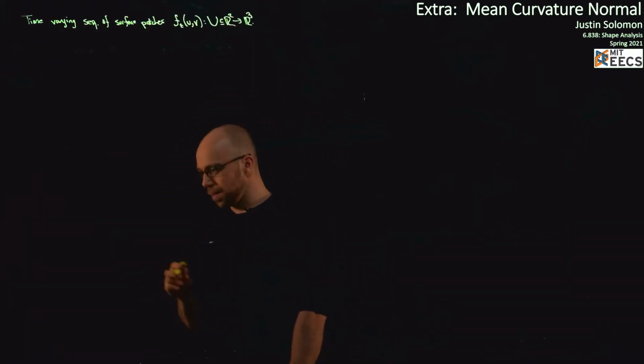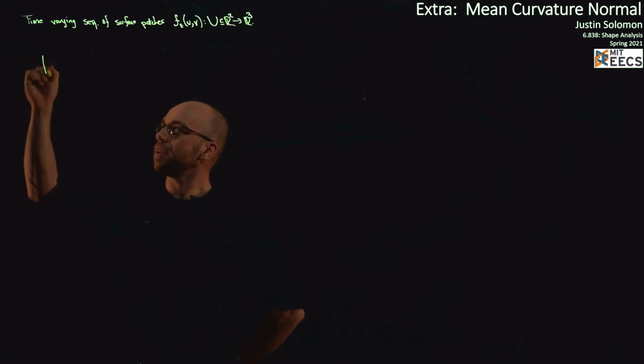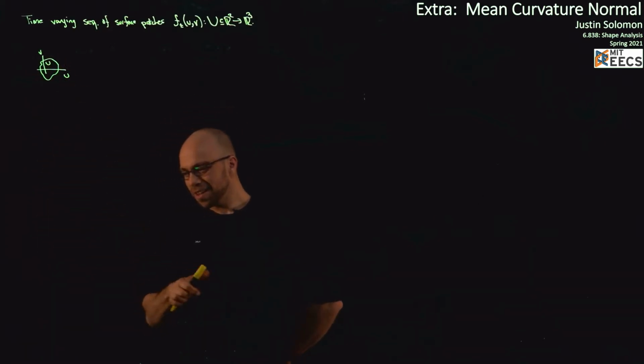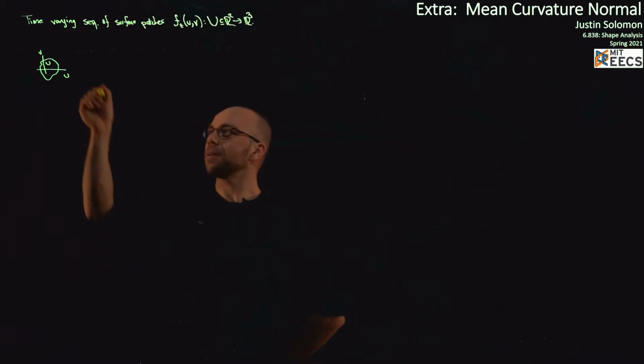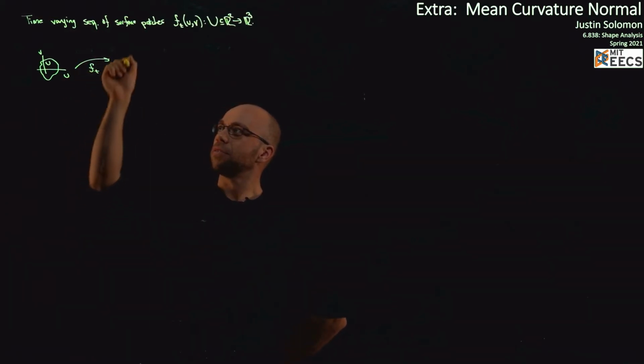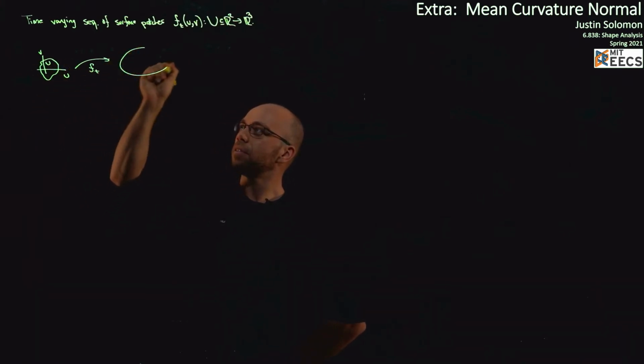Okay, so let's draw a picture of what we mean so far. So here is the plane. There's the u direction and the v direction. And we have some region here, which is big U. And essentially, we're going to have a map f_t, which goes from this patch in the plane into some part of a 3D surface.